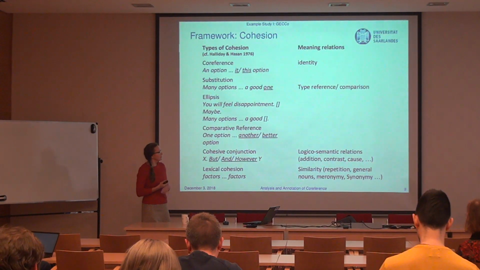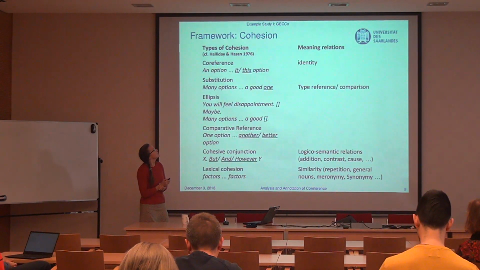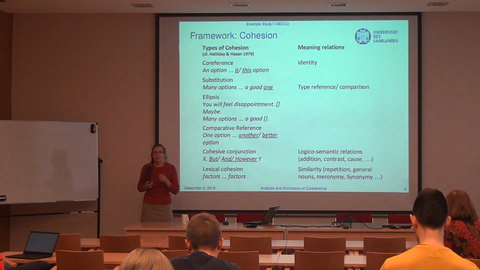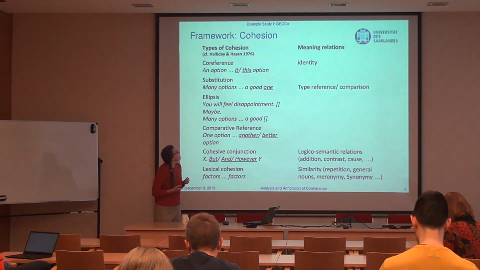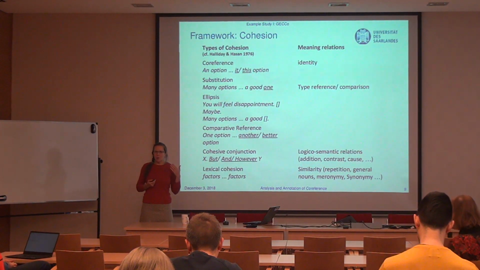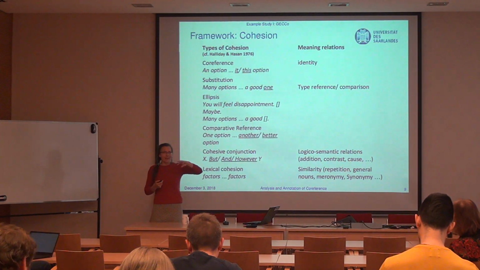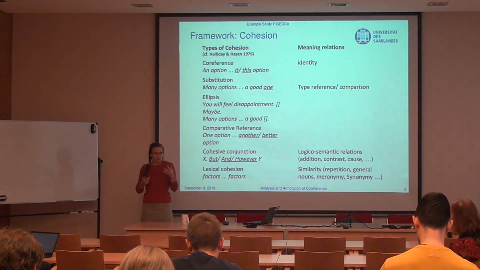In this case, it's just a repetition of the same word. And here the theoretical framework that we used was Halliday and Hasan, which was actually written for English, and our task was to analyze English and German. So we had to find the same categories for German, to make them comparable.